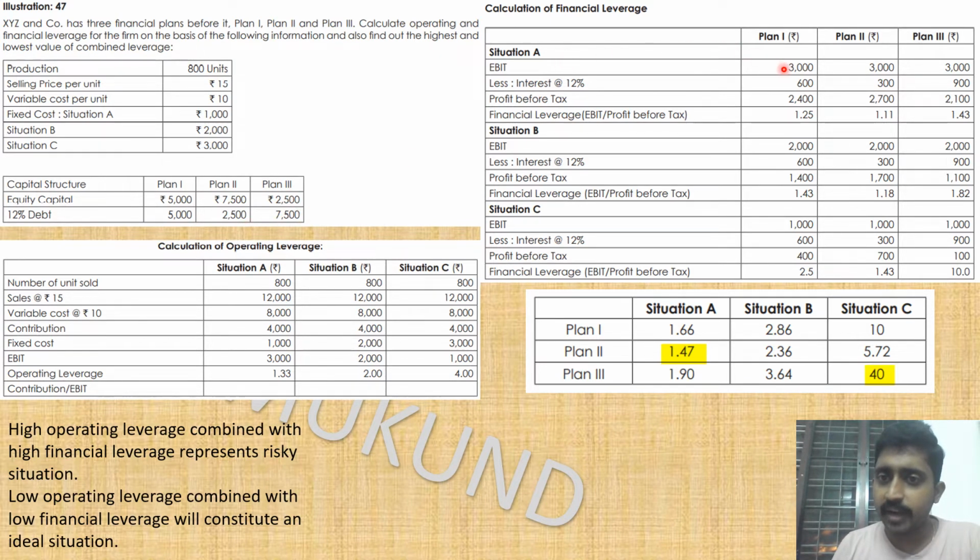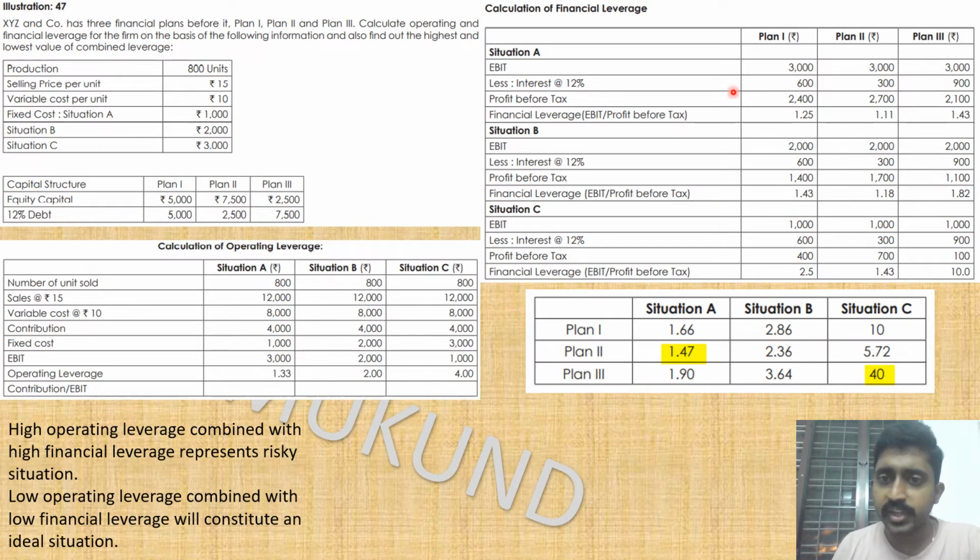So EBIT we have already found, and the interest of 12% is given in the question. Plan 1: 5,000 into 12% is 600. For plan 2, 2,500 into 12% interest is 300. And 7,500 is the debt financing of plan 3, multiplied by 12% is 900.